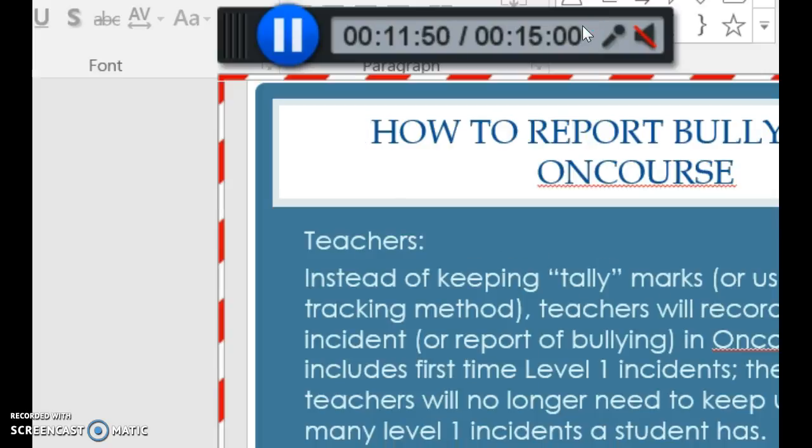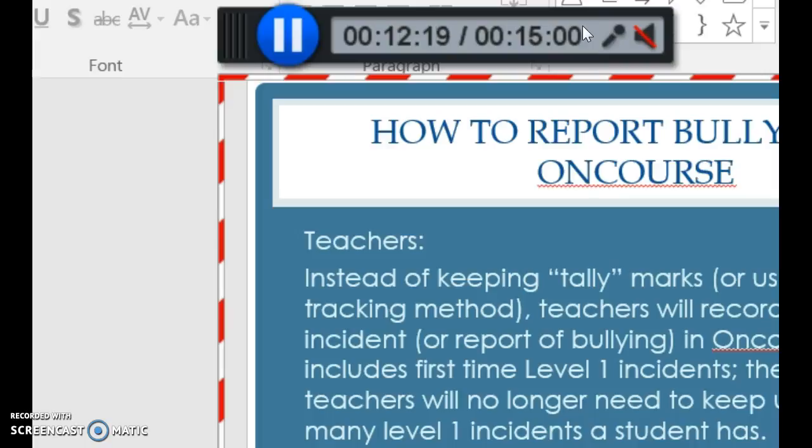Okay, how to report bullying in OnCourse. This is what I was showing you guys, the steps anyway, at the very beginning. I will get with you on that and email it to you so you know the steps and you can have a visual. I'm a visual learner, so I know having it in front of me helps. Instead of keeping tally marks, you're going to record each bullying incident that you see in OnCourse, whether it be level 1 or otherwise.